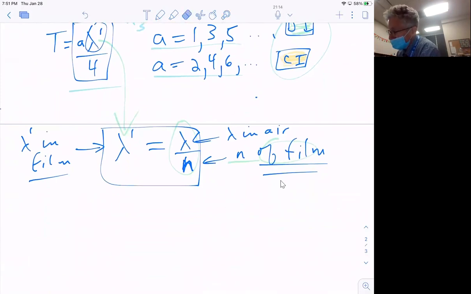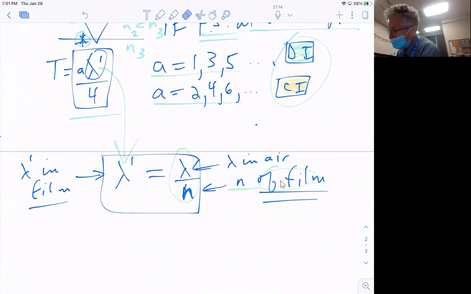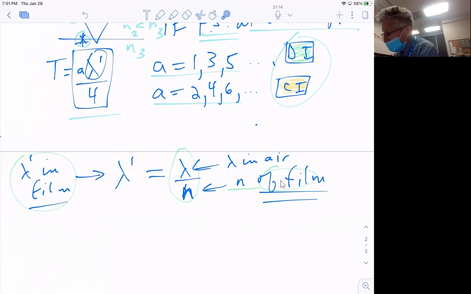One more stipulation. The wavelength in that equation is really the wavelength in the film. I put a little prime on it, I mean, I put that little symbol there to remind you of that.